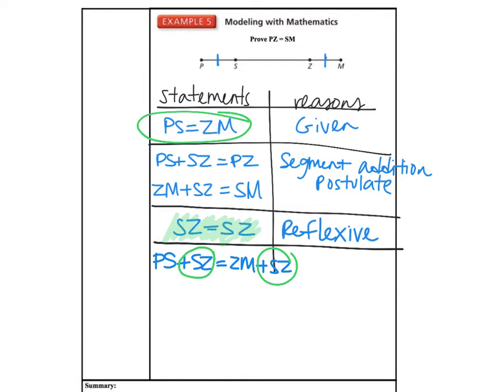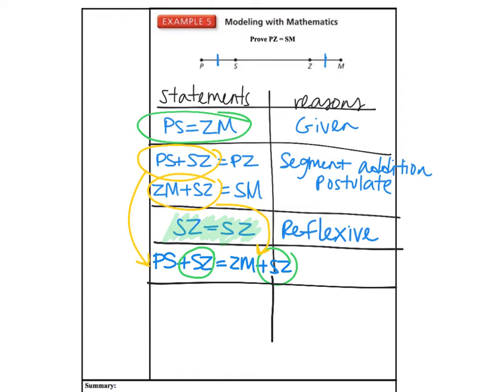Look back over the proof. We said PS plus SZ equals ZM plus SZ. Where else do you see those two expressions? Right up here, we said those same two things. And so instead of writing the longer way, we're going to sum it up and give our final answer.